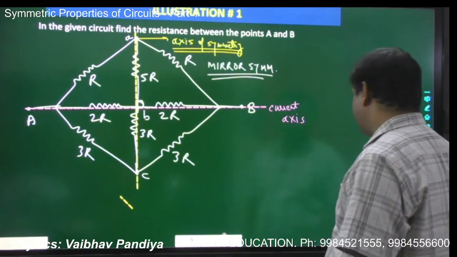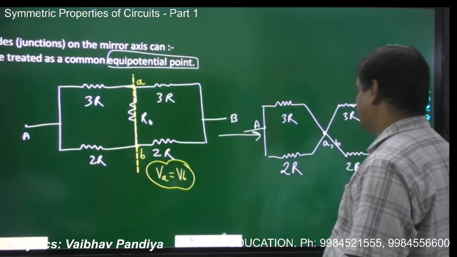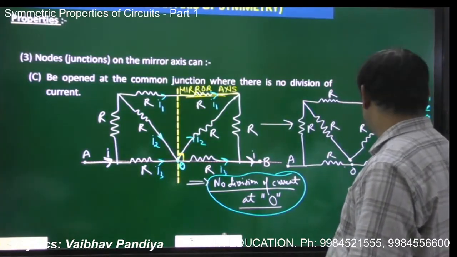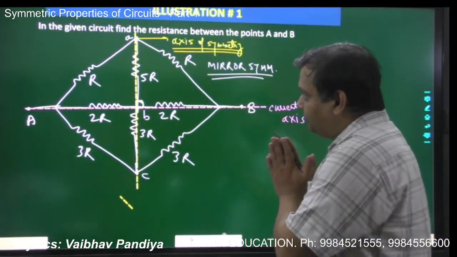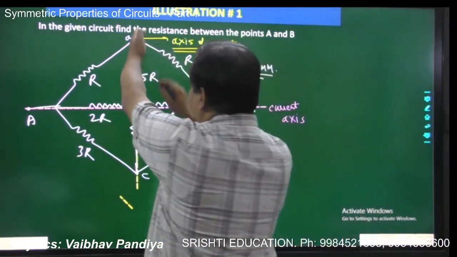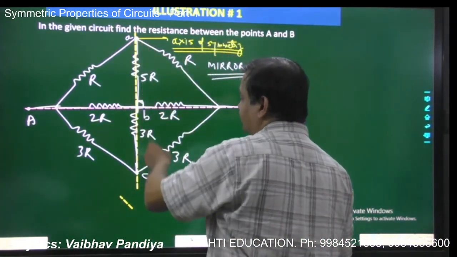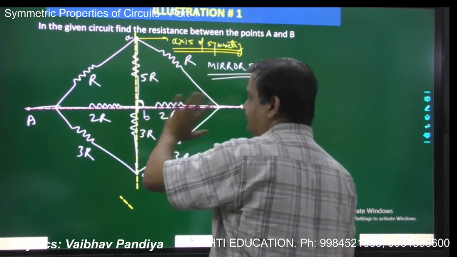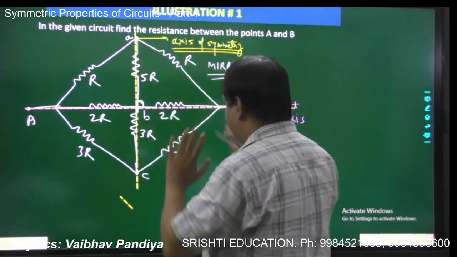We have seen so many properties right now: three properties, and in the third property, three applications. So we will apply all these here. One of the properties was: when we have the perpendicular axis of symmetry, all the points on that axis of symmetry will be at the same potential, and we can eliminate the middle elements.